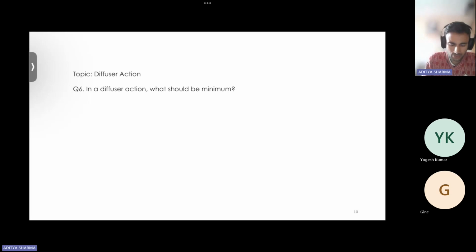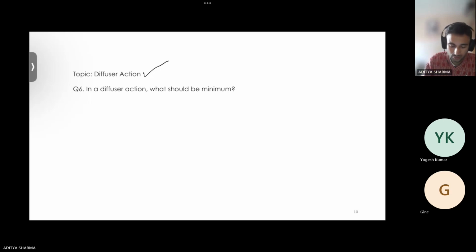So the next question is based on diffuser action. All right. So in a diffuser action, what should be minimum? All right. So we will answer this question based on the options that have been presented to us, that are in our hand.